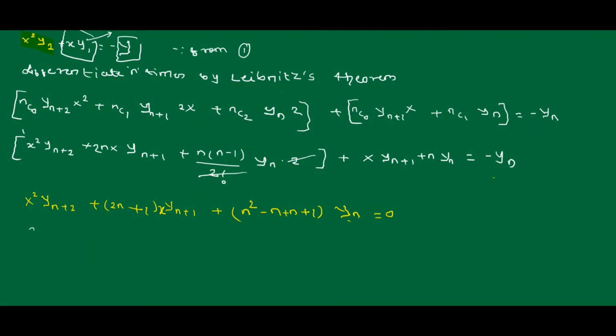This is x square y(n+2) plus (2n plus 1) x y(n+1). Here minus n and plus n get cancelled. So we are left with (n square plus 1) yn equal to 0, which is the required proof.